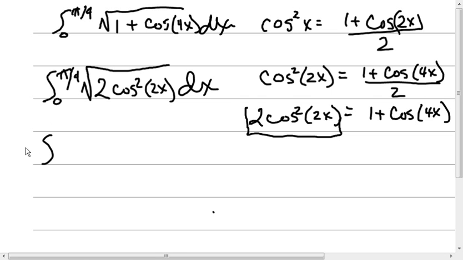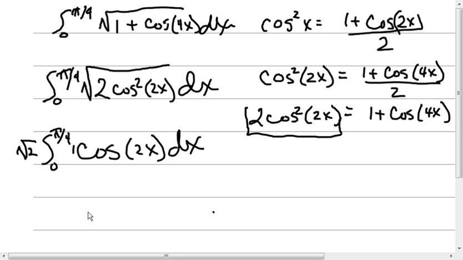So we go square root of 2, 0 to pi over 4, and I won't even write the square root of cosine squared. Let me just write out cosine 2x dx. Now, you should remember that you can integrate cosine of 2x. Think about it for a minute.